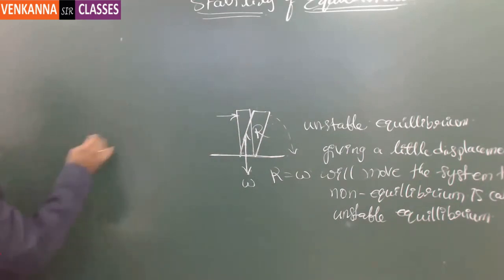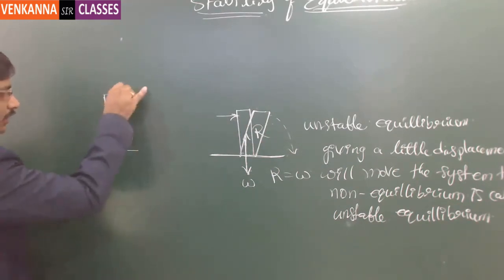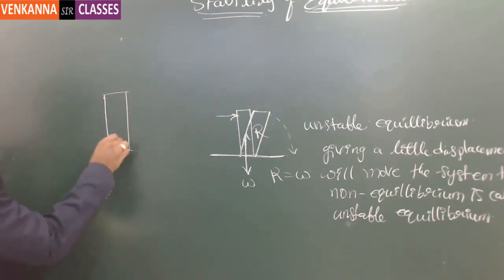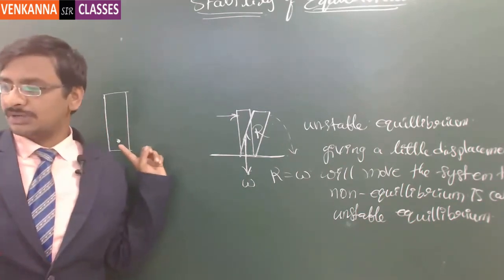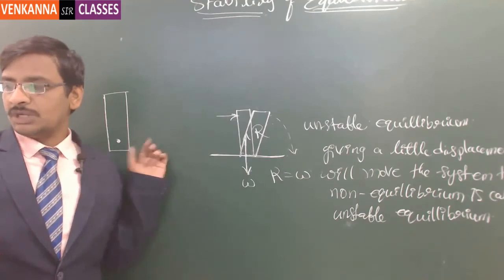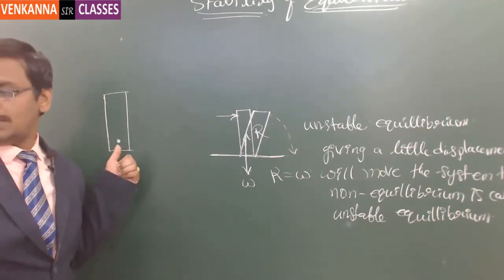I will give you one more case. Suppose there is a nail, and a wooden block is supported by this nail. It was under balance condition in this scenario; through balance I was able to manage to make it stand on the nail like this.